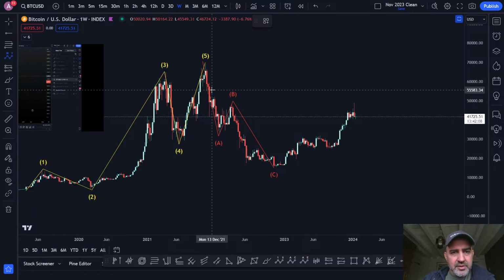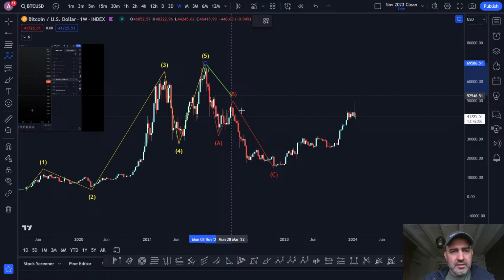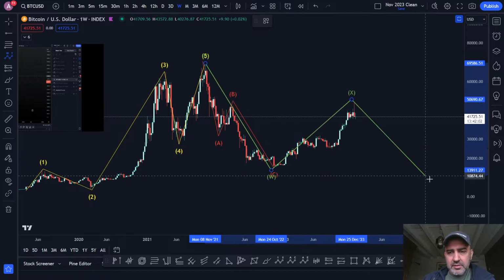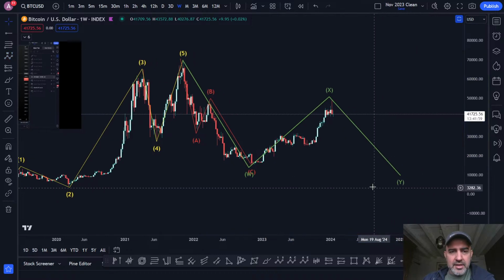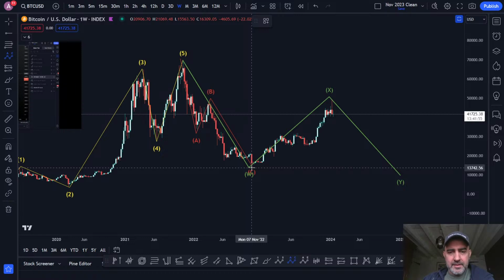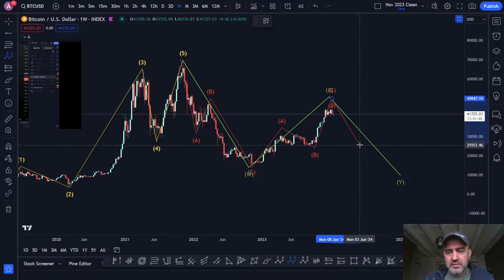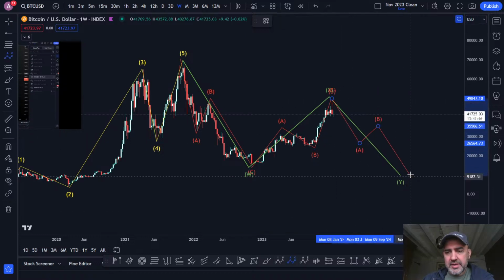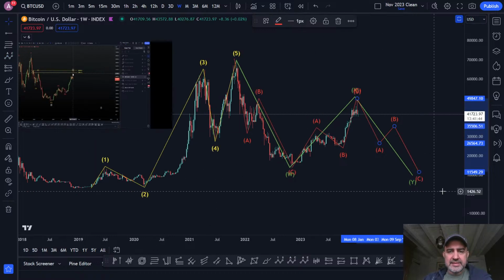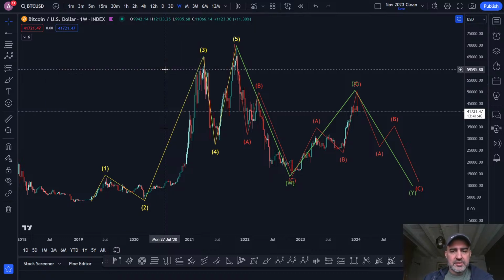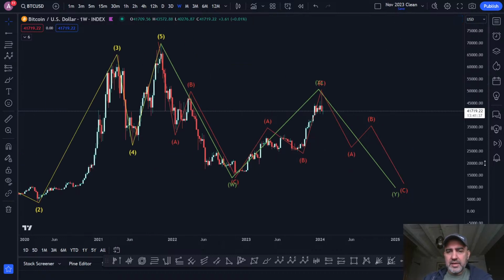There it is. So he's contemplating possibly something like that, and then that would consist of another ABC, which is that, and another ABC, something like that. Don't know how that would be. That's kind of what he's thinking in terms of a bearish count.